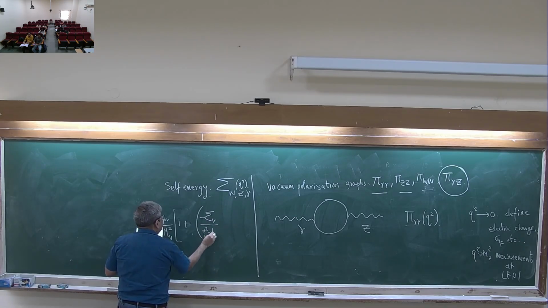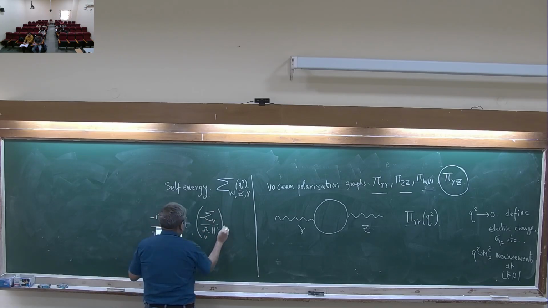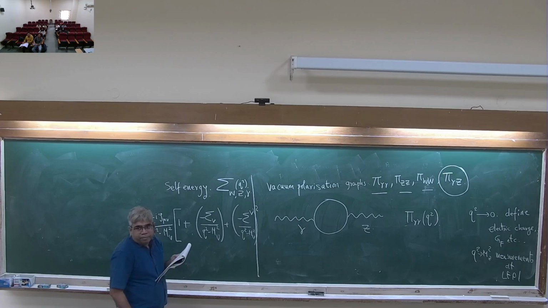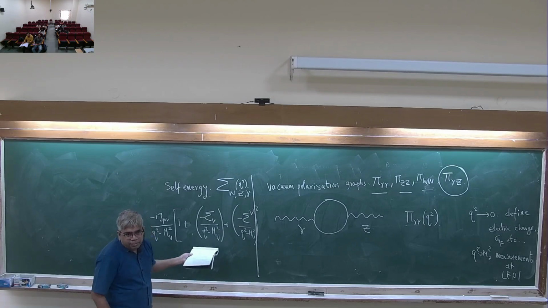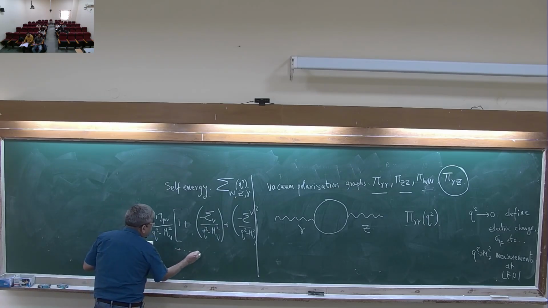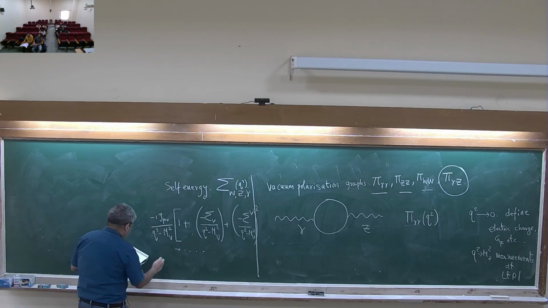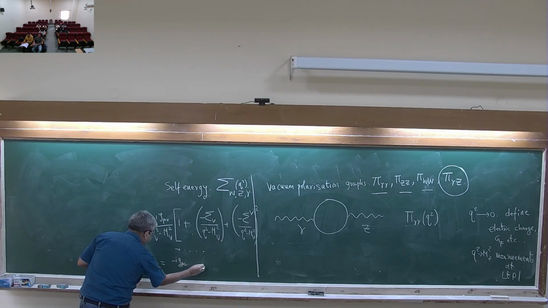Unlike the photon, these are massive vectors. That's the main difference essentially. So you have this geometric series, which can be summed over, and this gives you i g_mu nu by q square minus m_V square plus sigma.